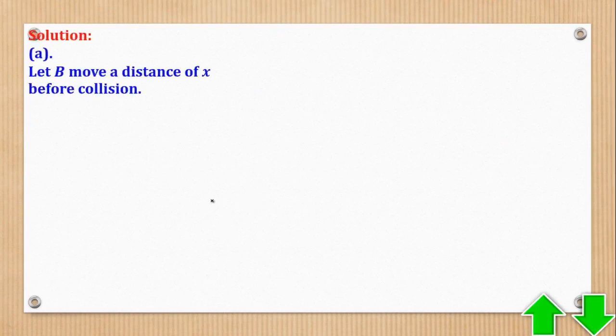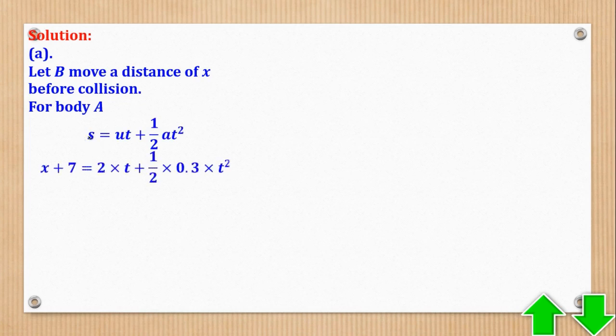So let B move a distance x before collision. Then for body A, using the second equation of motion, the distance moved will be x plus 7, and the initial velocity will be 2, time we don't know, acceleration is 0.3. When I simplify, I'll come up with equation 1.